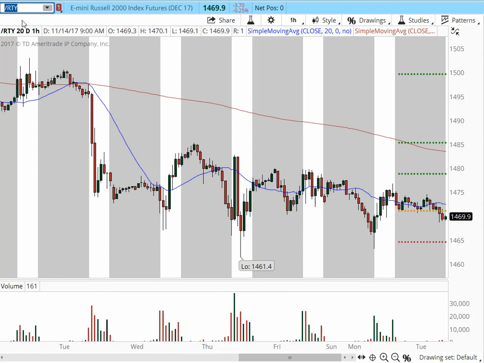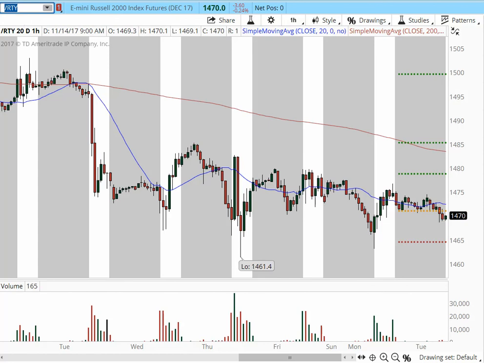The S&P is down 7 points and a quarter, 0.28%. NASDAQ is down 13 points, 0.21%. So overall, we see symmetry throughout the board. Even Russell is down 3.6 points, down 0.24%. So they're all in equilibrium right now.